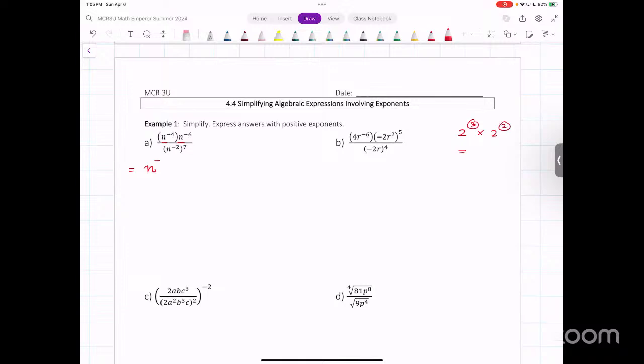So we're going to do -4 plus -6, divided by power of power, -2 times 7 is -14. This is n to the -10 over n to the -14, isn't it? We're going to simplify this: -10 minus -14, n to the power of +4.